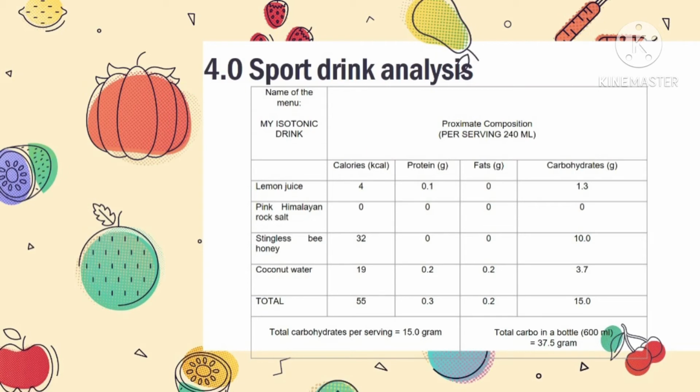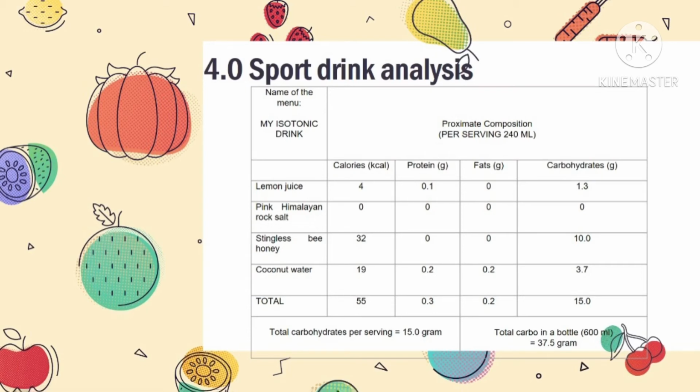Third, we have stingless bee honey, which consists of 32 kilocalories, 0 protein, 0 fats, and gives around 10 grams of carbohydrates. Fourth, we have coconut water with 19 kilocalories, 0.2 gram of protein, 0.2 gram of fats, and 3.7 grams of carbohydrates.